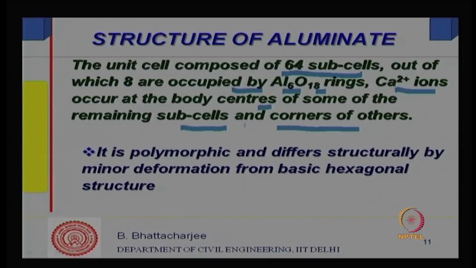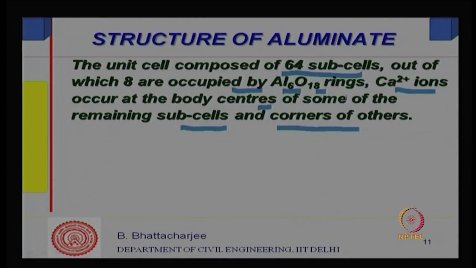It has got Al6O18 rings. Calcium ions occur at the body centers of some of those subcells, and in the case of some of the other subcells it occurs at the corners. So, 64 subcells are there.